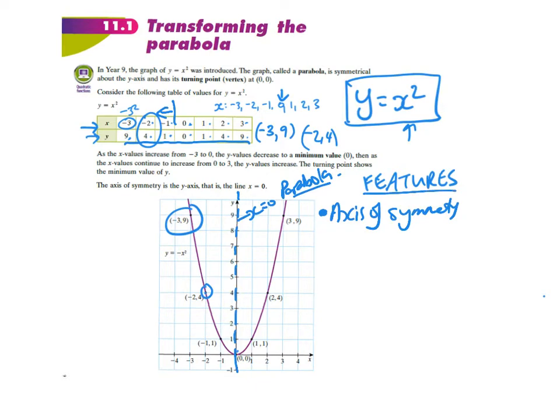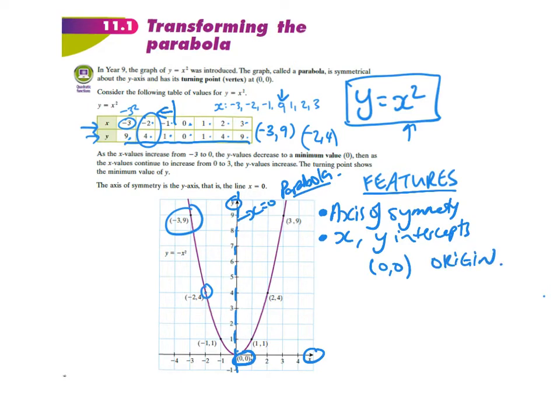The second feature that you will find is the x and the y intercepts. That means where the graph crosses the x-axis and the y-axis. For this guy here, you'll see that there is 1 point, 0, 0, which is actually the origin.